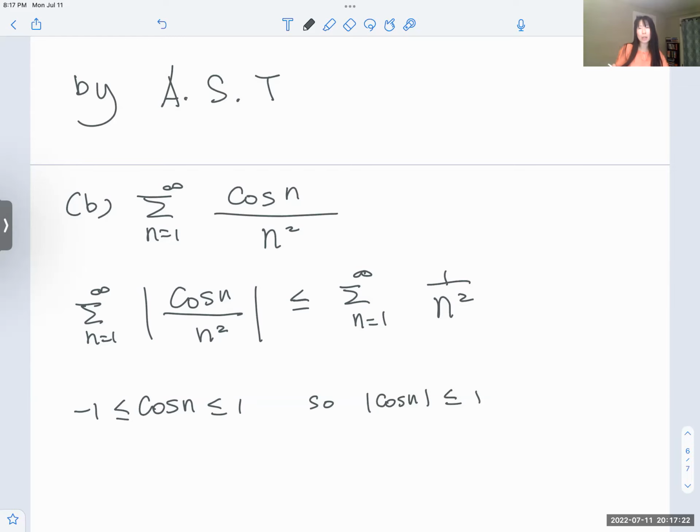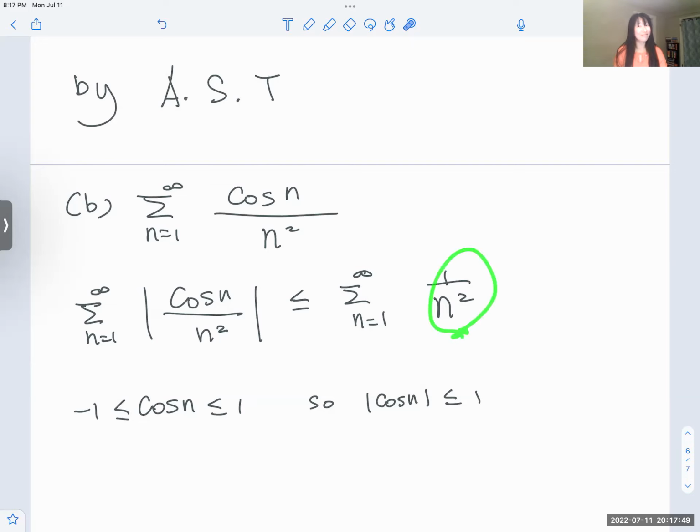Then what can you tell about this one? Someone said earlier a geometric series. Geometric must have a common ratio.